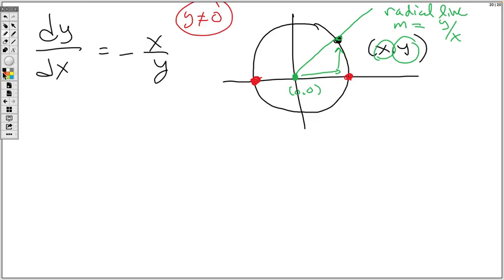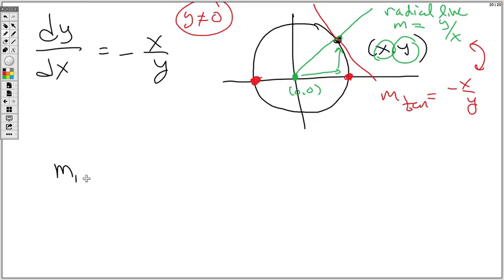The slope of the tangent line is minus x over y. What's the relationship between those two fractions? They're negative reciprocals of each other, right? Now, what do you know about slopes?